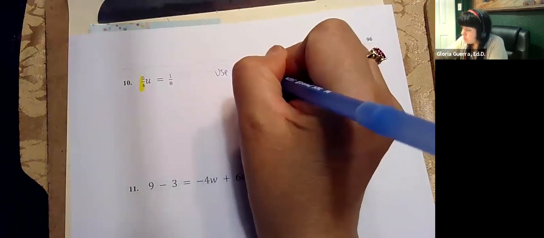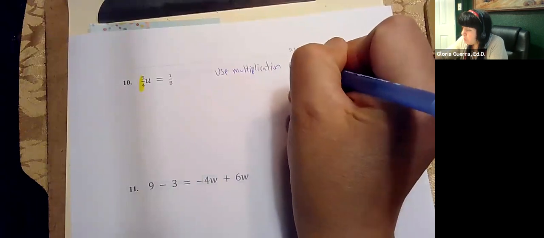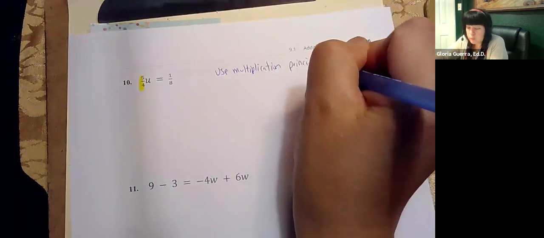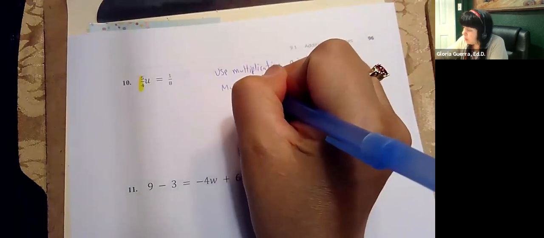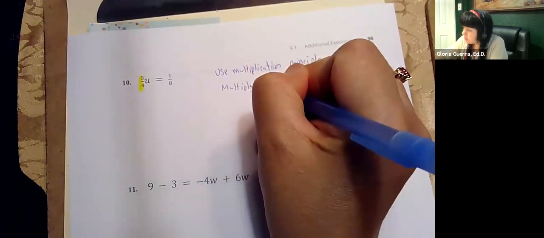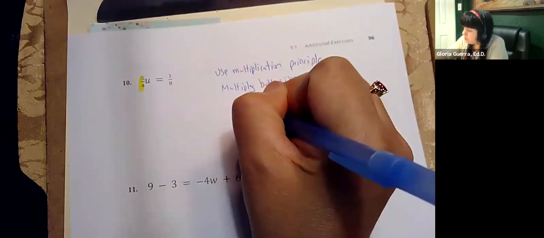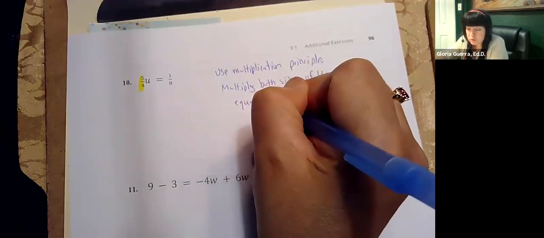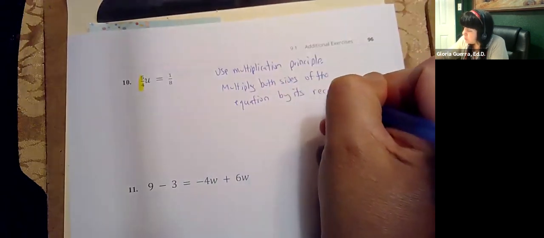When you're doing that, you're using the multiplication principle, and you're going to multiply both sides of the equation by its reciprocal.